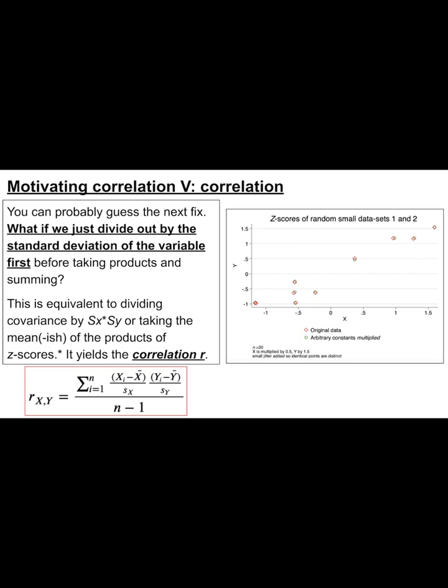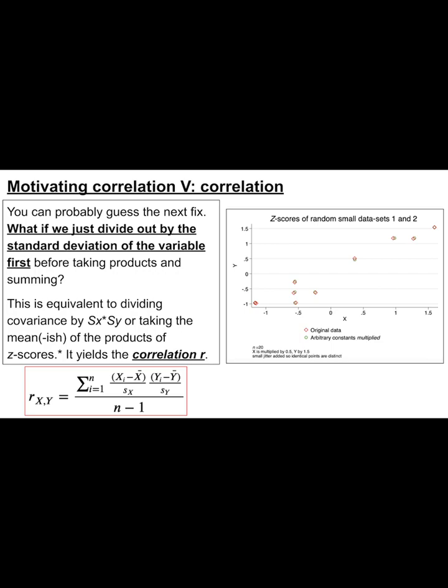Basically what ends up happening there is that you can factor it so that you divide the individual deviations on x by the standard deviation of x, and the individual deviations on y by the standard deviation of y, and then you multiply them and add them all up and then divide by n minus 1.